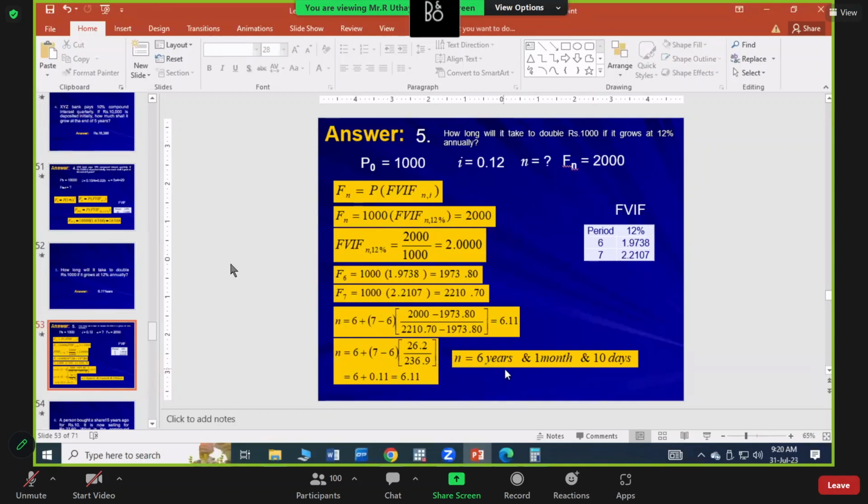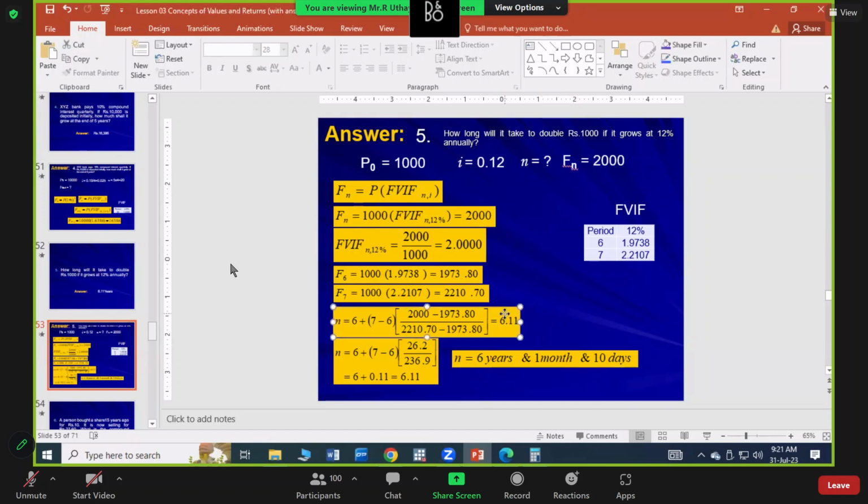So at 6 years, 1 month and 10 days, you can get the money doubled. Sometimes if you are asked to find the year which takes to double the money at the nearest year, you can answer it as 6 years rather than 7 years.